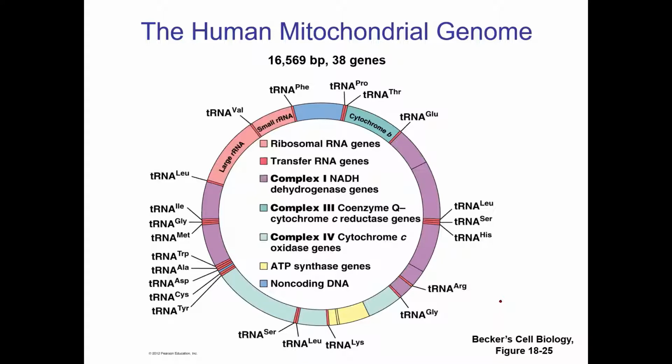So a bunch of transfer RNAs and a handful of enzymes involved in the citric acid cycle and the electron transport chain. So probably no surprises there what those enzymes are for, because that's what the mitochondria does. But the mitochondria does have quite a number of other proteins that have to get imported, because 38 genes is not enough to run a mitochondria.